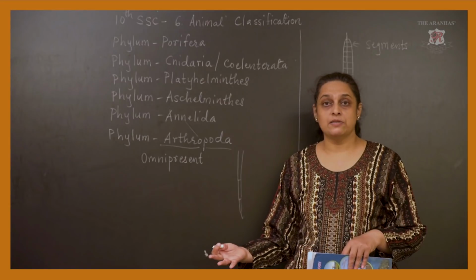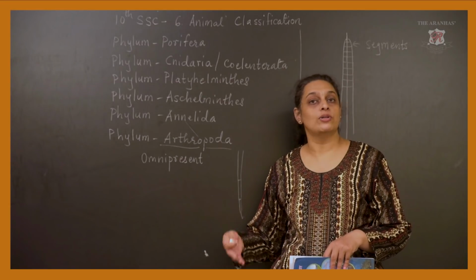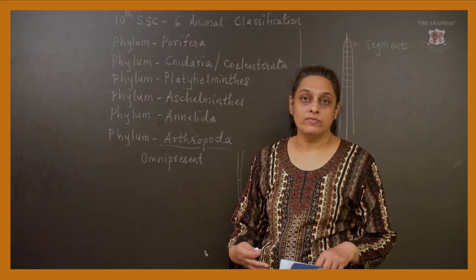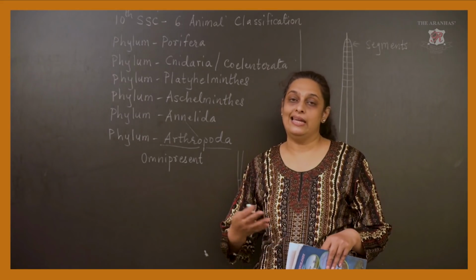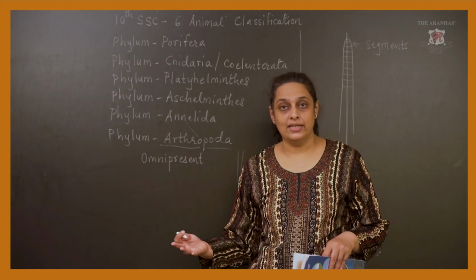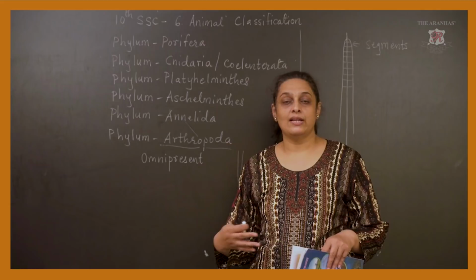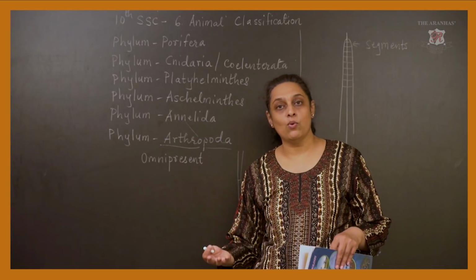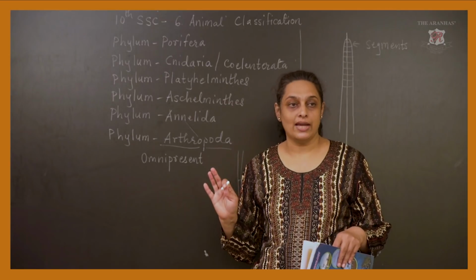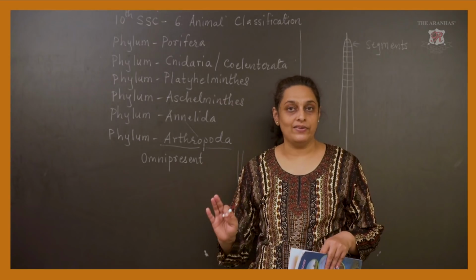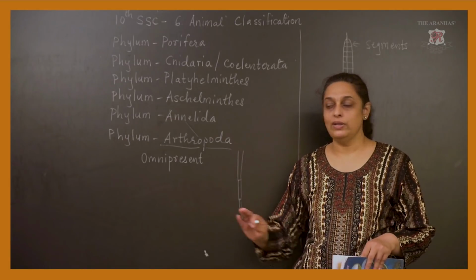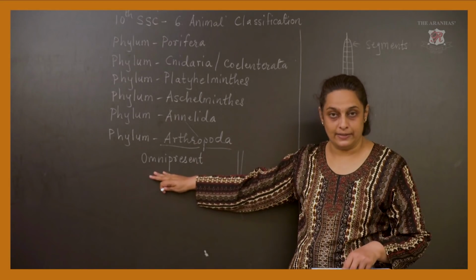You will find these members living on land, so terrestrial habitat. Then there are organisms which can fly, so they are aerial in habitat. Then any type of climate is suitable for them, whether the climate is warm or very cold. So in any type of climate you will find these animals surviving. So everywhere these members are found, and that's why omnipresent.